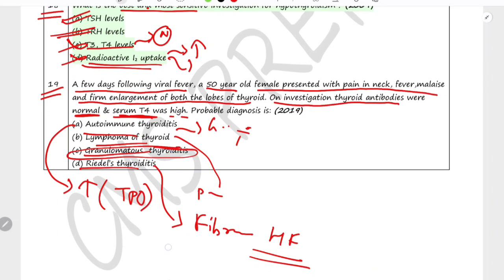Let us discuss. It is also known as de Quervain thyroiditis. This condition typically follows viral infection, presenting with pain in the neck, fever, malaise and thyroid enlargement. It is associated with elevated serum T4 due to the release of stored thyroid hormones. Thyroid antibodies are usually normal in this condition, distinguishing it from autoimmune thyroiditis.